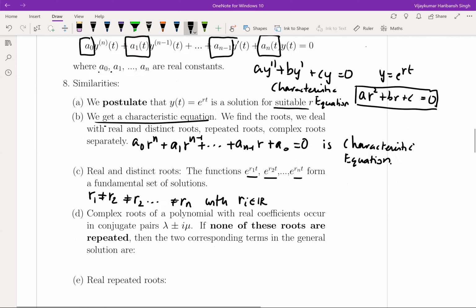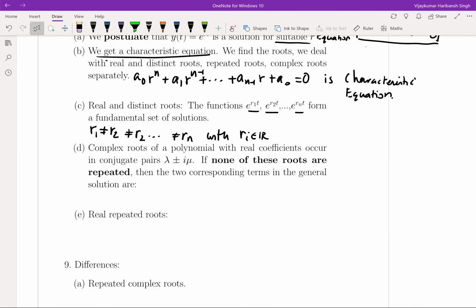Now, similarly, if we had complex roots of a polynomial with real coefficients, complex roots always occur in conjugate pairs. If a plus i mu is a solution to a polynomial with real coefficients, then a minus i mu is also going to be a solution.